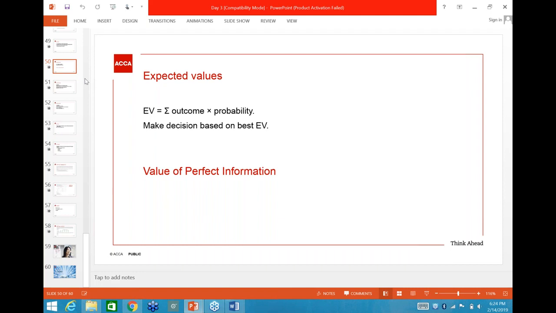It depends on the cost of the research, and at the same time on the increase in the expected value based on the information which comes through the research. So we have to compute what we call the value of perfect information to make the decision. Should I actually spend money on research, yes or no? Research gives me perfect information. Is it worthwhile to pay and get it? That's what it means.